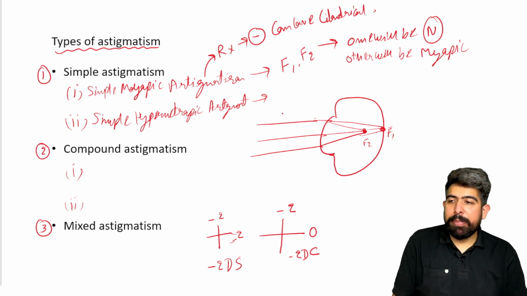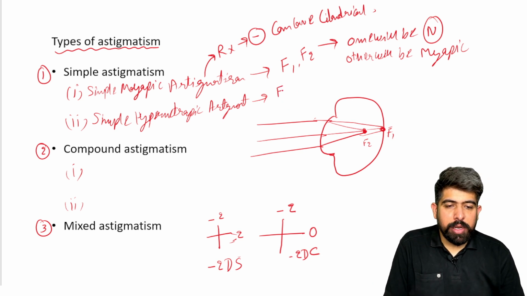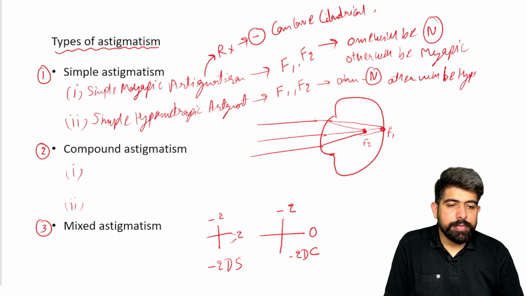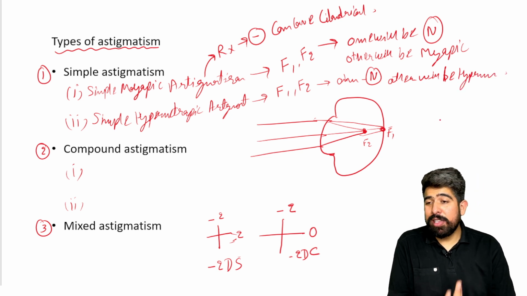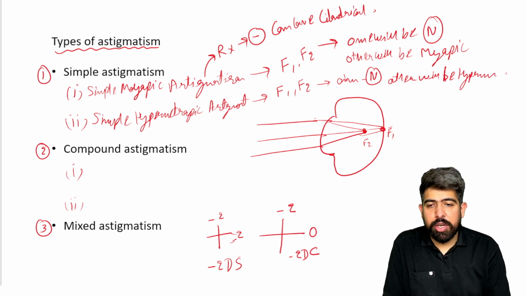Again, what will be happening here? Here will also be two focus points, f1 and f2, but one will be the normal, and the other will be your hypermetropic.